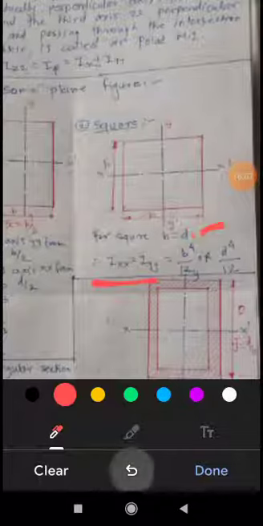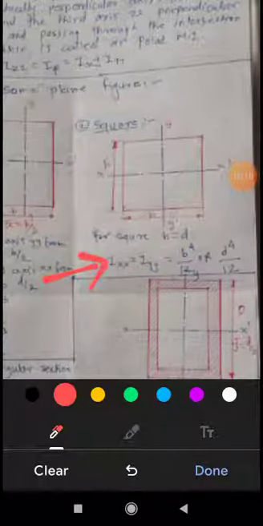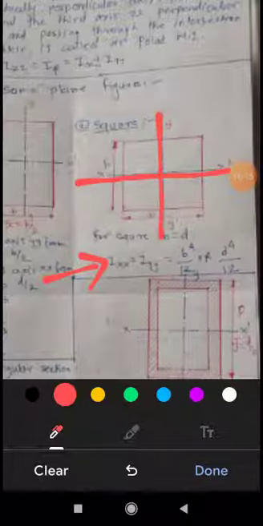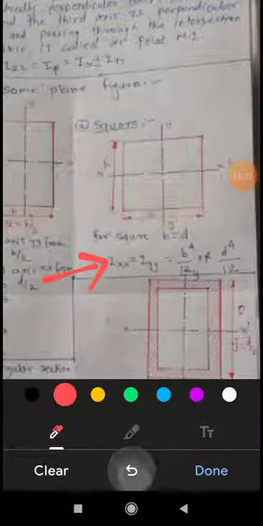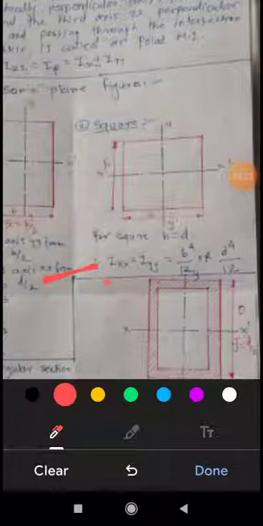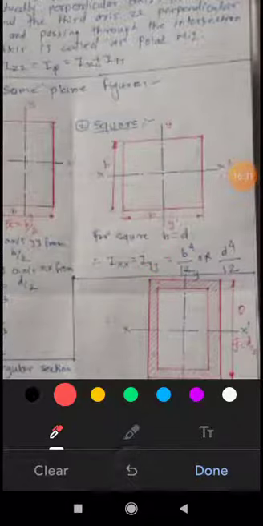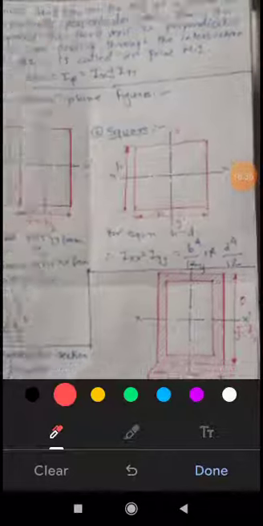It is a square, and as it is a symmetric figure about x and y axis, the moment of inertia about x axis and y axis are the same, which is equal to b raised to 4 upon 12 or d raised to 4 upon 12. This is the moment of inertia of the square.